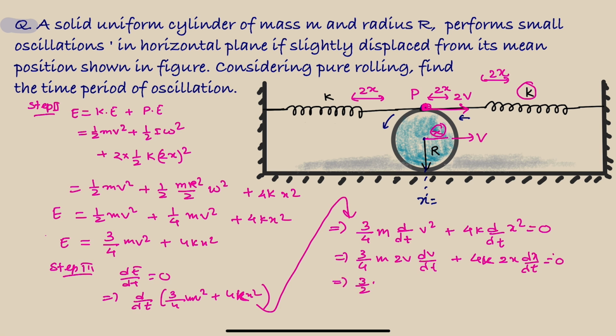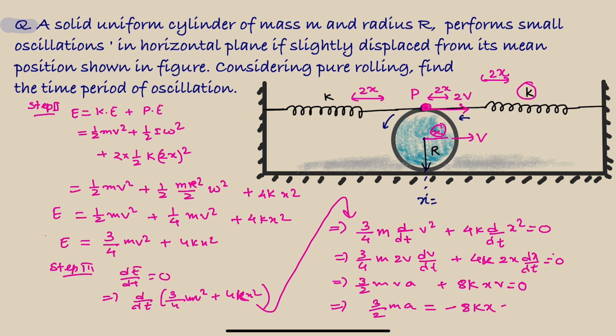This will be 3 by 2 m v a plus 8k x v equal to 0. So v cancels. So 3 by 2 ma shall be equal to minus of 8kx.